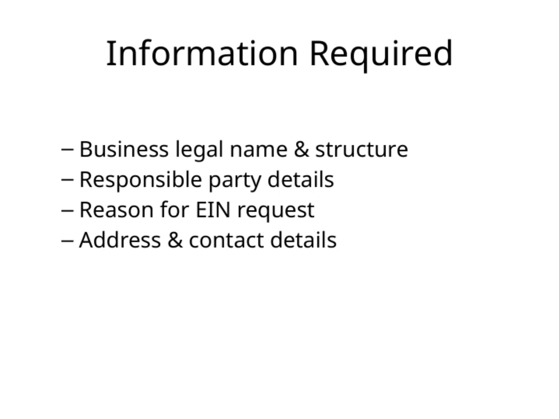Moving on, we need to understand the reason for requesting the EIN. Typically, it's needed for tax filing, opening a business bank account, or hiring employees. Knowing the purpose helps us process your application smoothly and ensures the EIN serves your specific needs. Then we have the address and contact details. Providing accurate contact information is vital for communication purposes, whether for updates, questions, or future correspondence.